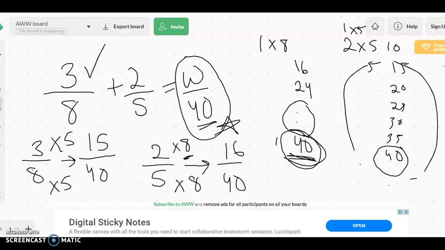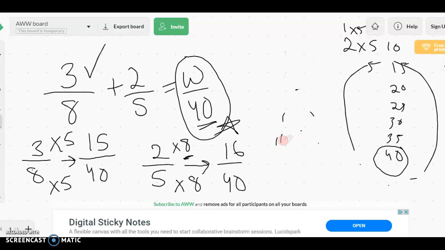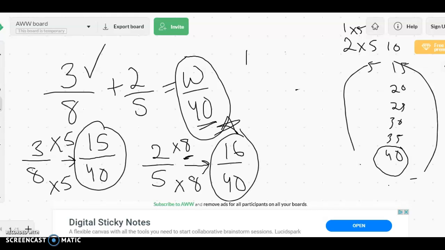All right, so at this point, you should have a pretty good idea of what we need to do next. What's our last little piece to bring this whole thing together? Exactly. We need to add our 2 new fractions. 15 over 40 plus 16 over 40. 15 plus 16, let's add those up.